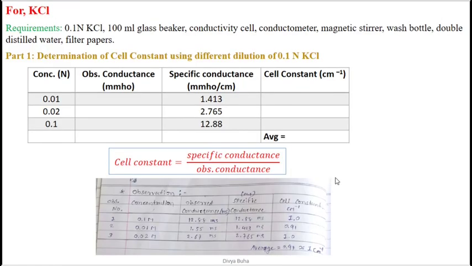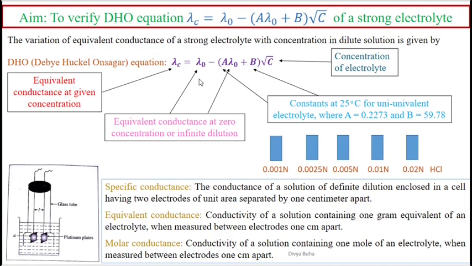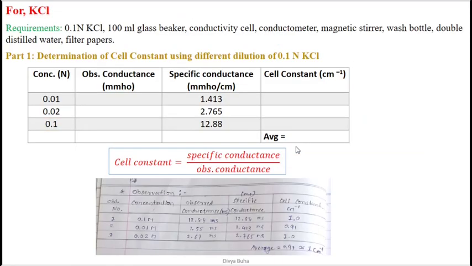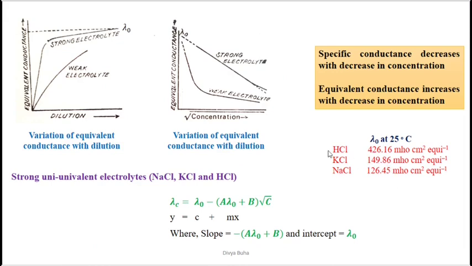The aim of the practical was to verify the DHO equation, and to prove that the Debye-Huckel-Onsager limiting law is valid for uni-univalent strong electrolyte. We have seen that at infinite dilution, the equivalent conductance obtained is 150, and that is near to the standard value, 149.86.